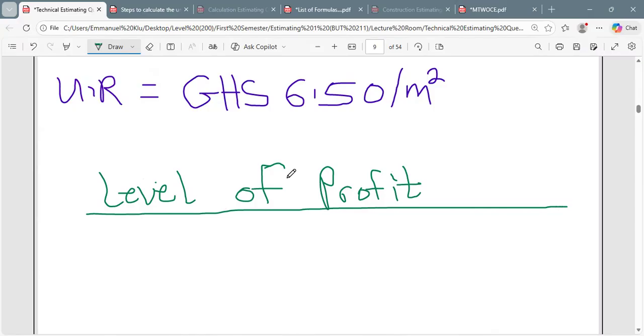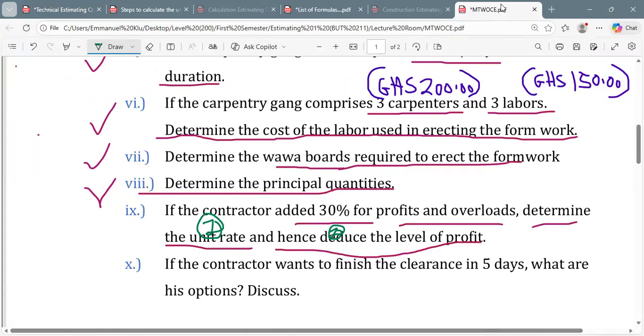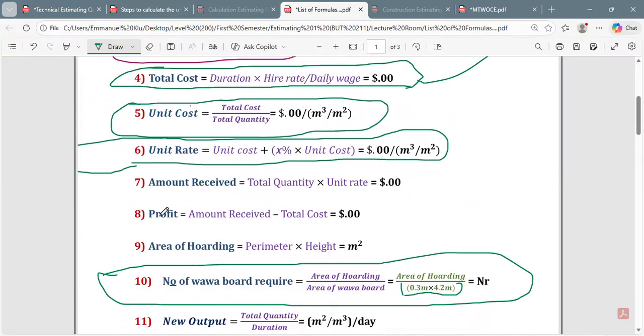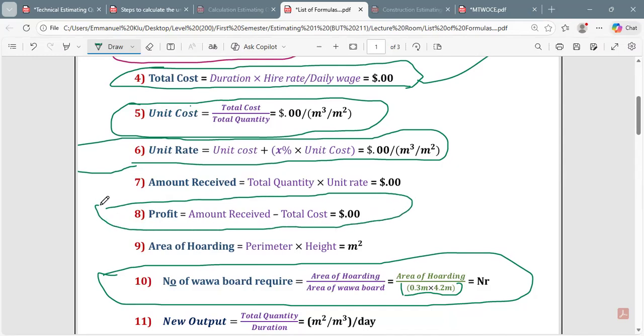Take note that the profit is equal to the amount received minus the total cost.